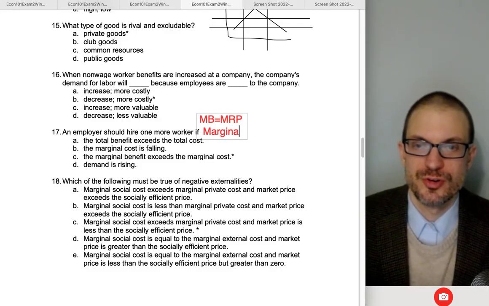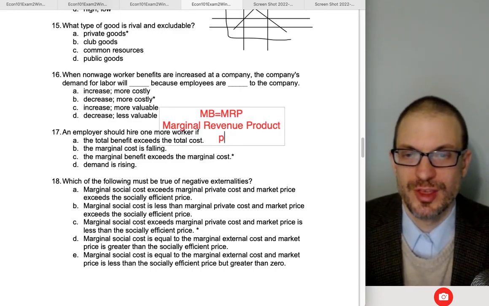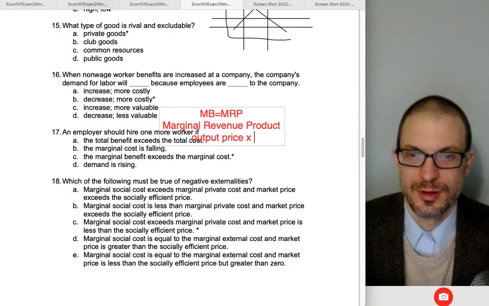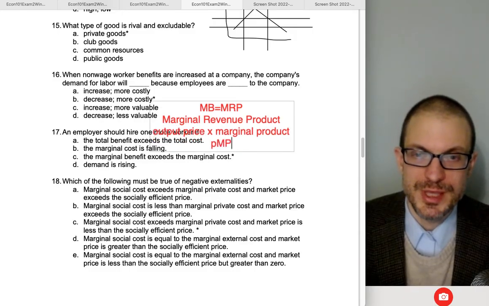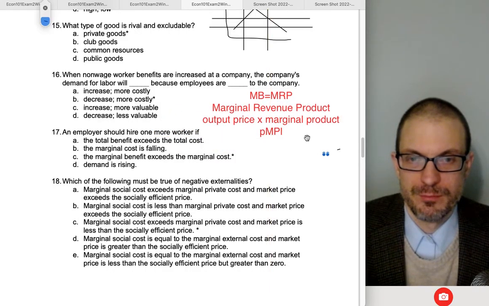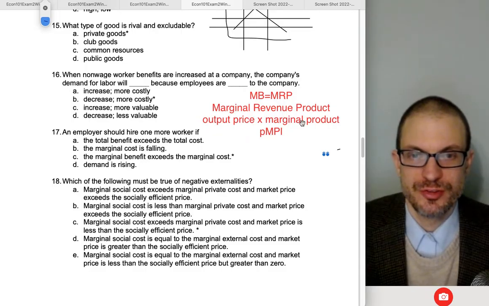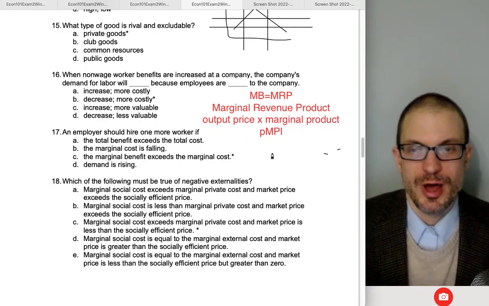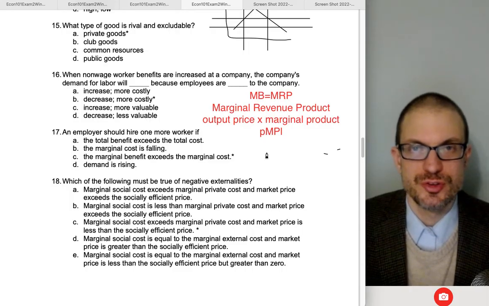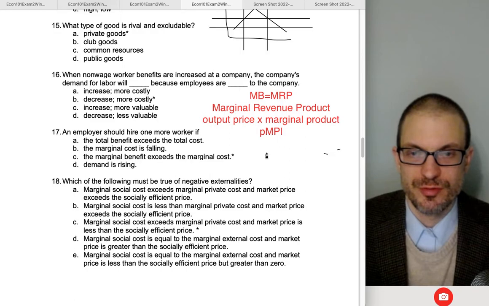And remember we said that was output price times marginal product, or PMP. And if we're talking about labor, PMPL, right? So marginal revenue product is the output price times marginal product. Marginal product is the additional output produced by using one more unit of that productive resource.